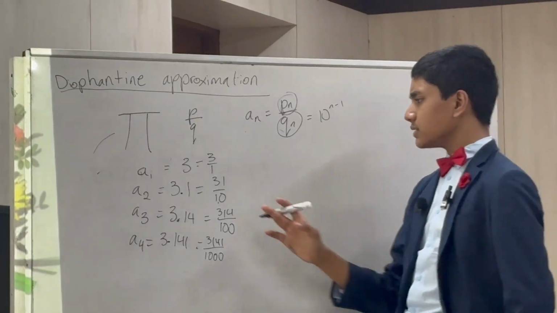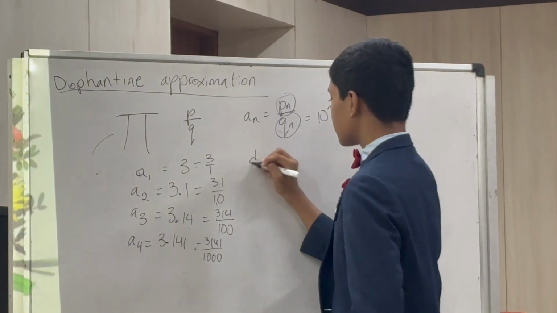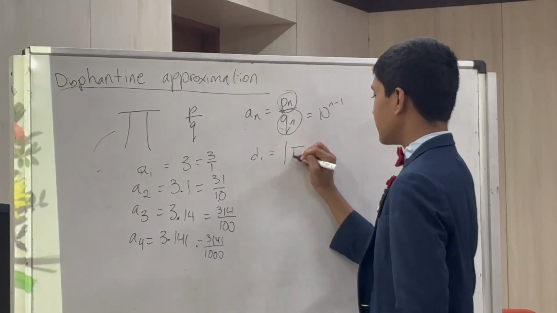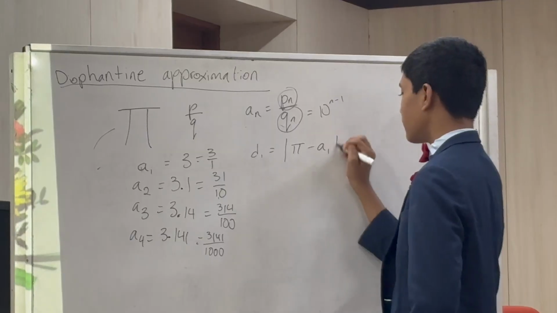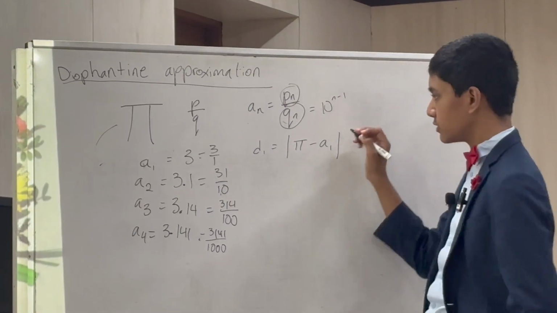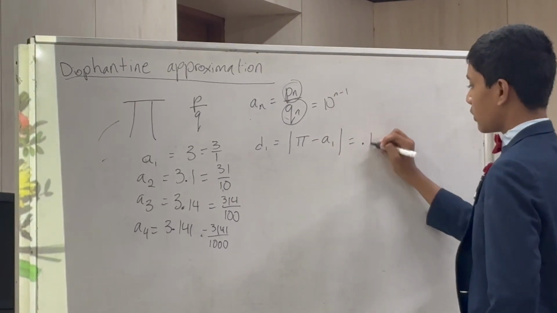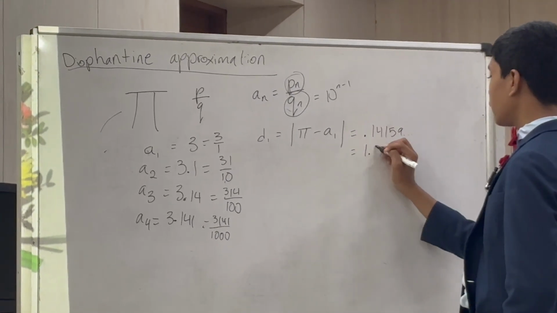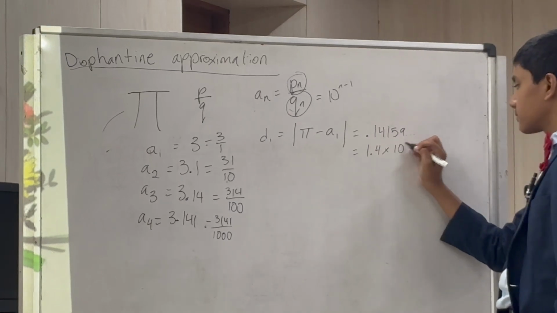So now, let's write something called the discrepancy, d1. That's just going to be the absolute value of pi minus a1. So it's just going to be the distance between the two. It's 0.14159, etc. So it's 1.4 times 10 to the minus 1.